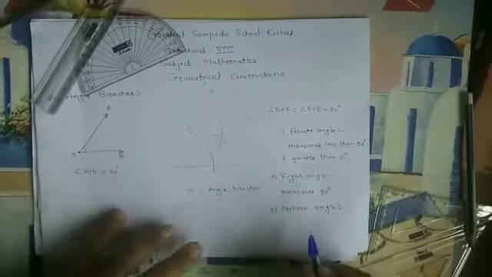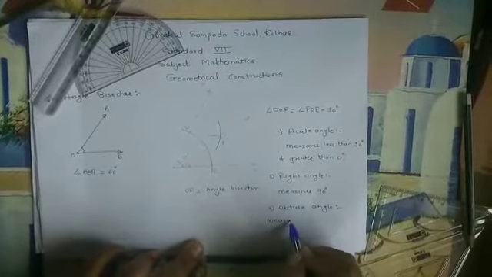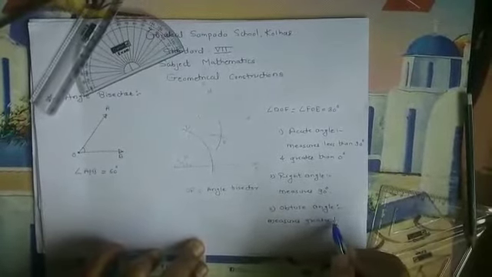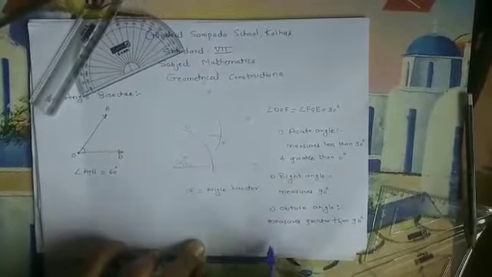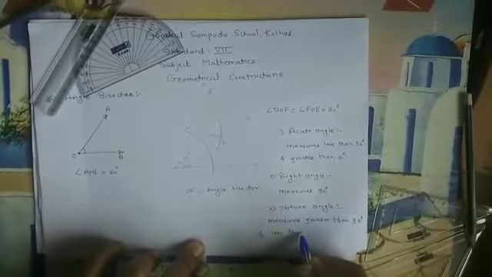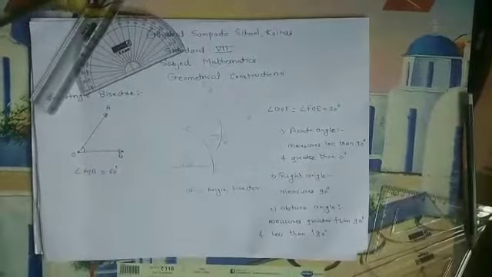What is an obtuse angle? An angle which measures greater than 90 degrees and less than 180 degrees. That angle is called an obtuse angle.